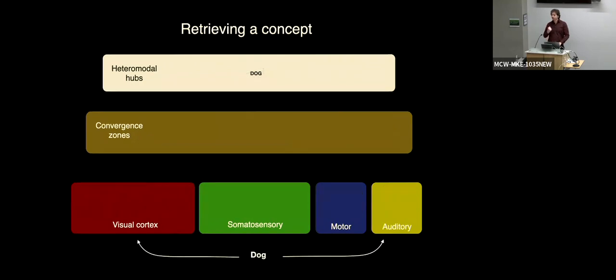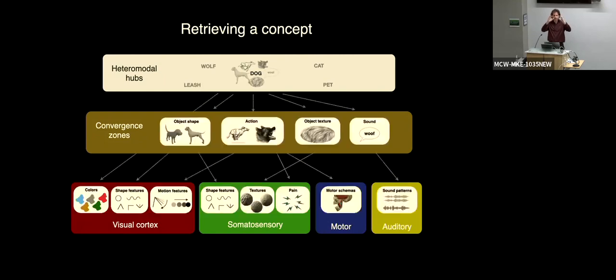Then when we retrieve the concept, say you hear the word dog through your auditory cortex, or you see the word dog written and get it through your visual cortex, the concept is retrieved when this word form is relayed to the default mode network, and then it activates that abstract sensory motor cluster of information that percolates down to the multimodal areas and finally to the modality specific areas.